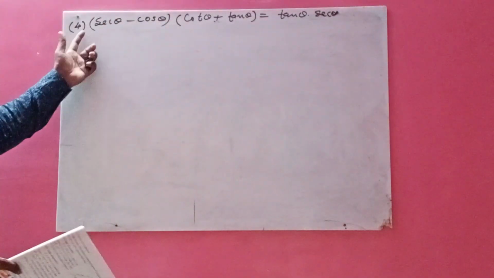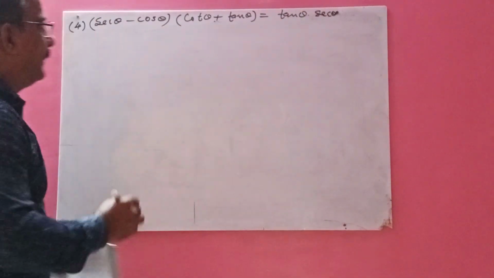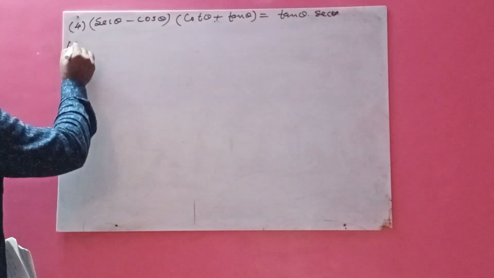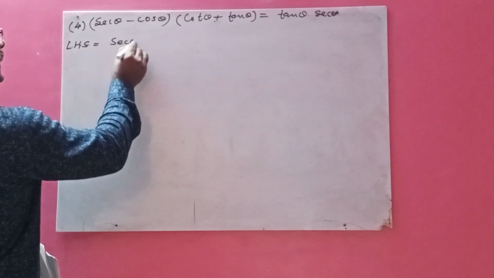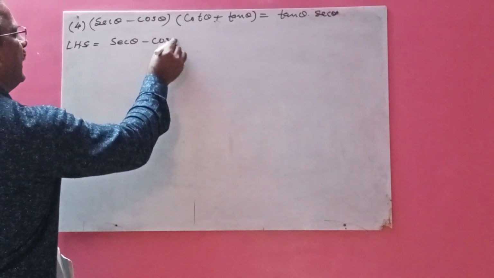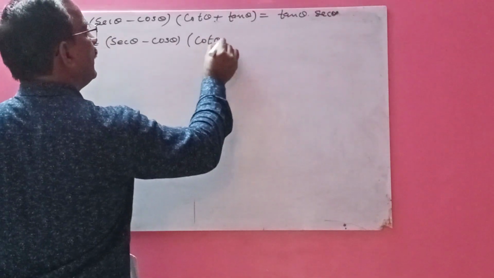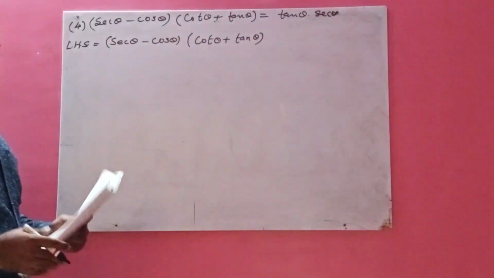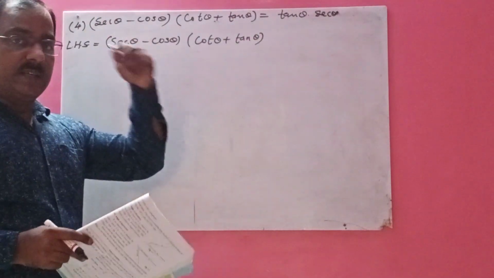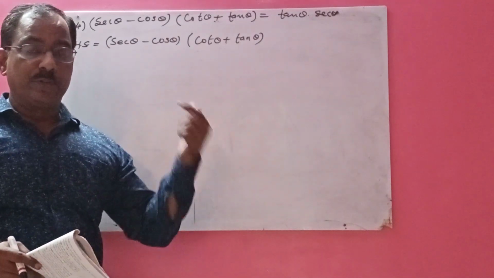Again, see the left hand side, it is complicated children. So take down the left hand side part. Left hand side is sec theta minus cos theta upon cot theta plus tan theta. Now see here, as I told, second point, convert sec, cosec, cot, tan in terms of sine and cos.